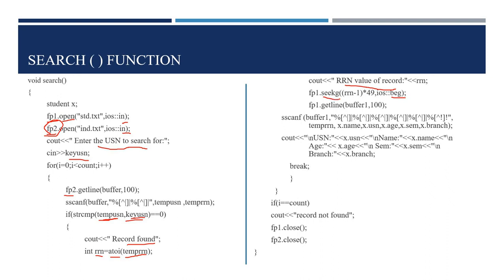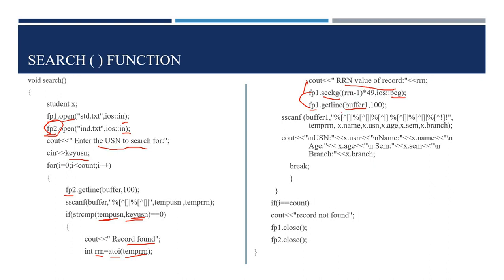Seekg is a function to search a particular element either from the beginning, the end, or the middle of the file. Then we read the contents of buffer 1 in the file pointer, which is redirecting to the RRN of a particular element.